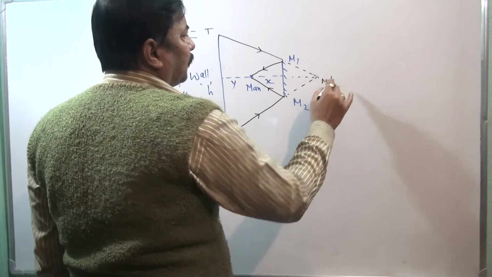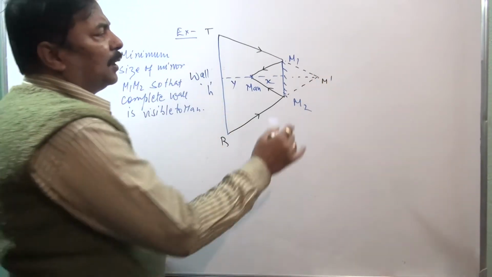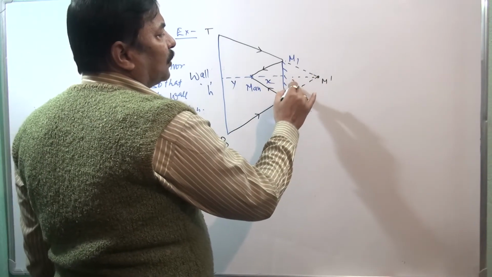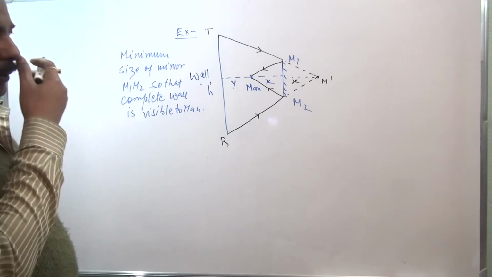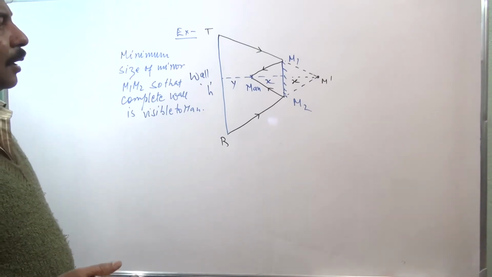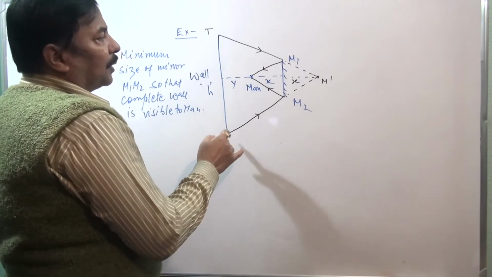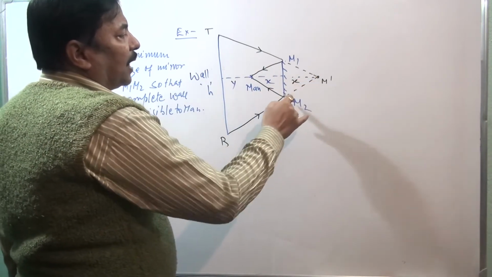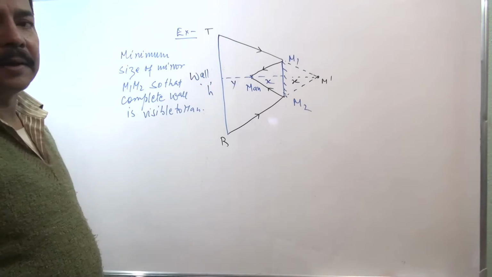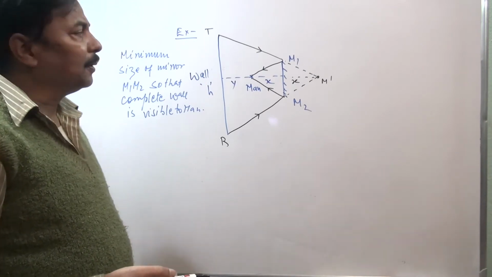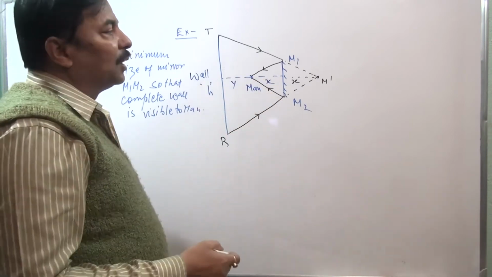here the image is being formed, and if this distance is x, this distance is also x. Now try to understand this triangle: T M' B and M1 M' M2 are similar. When these two triangles are similar, then the sides must be proportional.